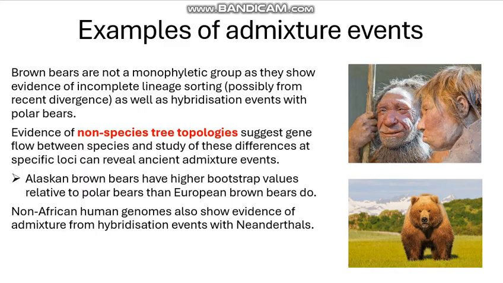So we have the Alaskan brown bear, and we found out that it has a higher bootstrap value, so it's more genetically similar to polar bears than the Alaskan brown bear is to the European brown bear, which suggests there has been recent gene flow, so breeding between the polar bears and the Alaskan brown bears, which is why they show high bootstrap values together.